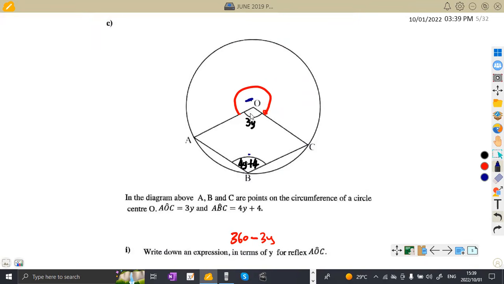This is the one at the circumference, and this is the one at the center. So the reflex AOC can also be taken as 2 times (4y plus 4). You can have it this way, or you can expand brackets, it's one and the same thing.